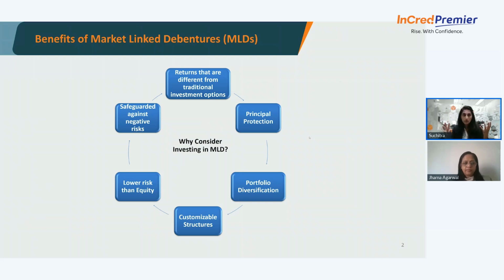I'll go through each of the boxes, but I would say the single most important box in this whole thing is customizable structures, which is at the bottom of this circle. By customizable structures, I mean you can have payouts and returns that are tailored to your specific view.